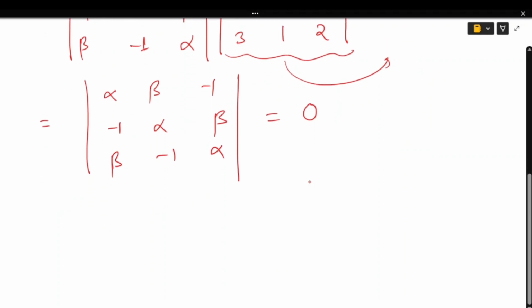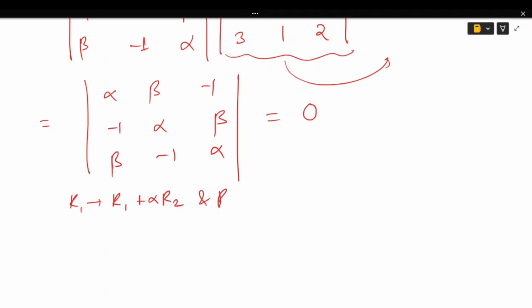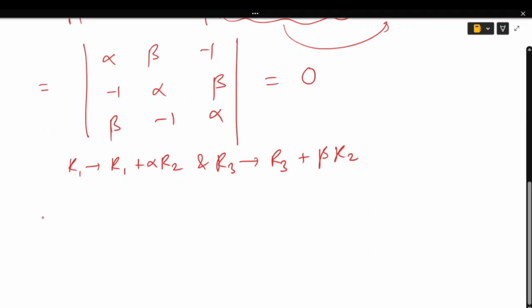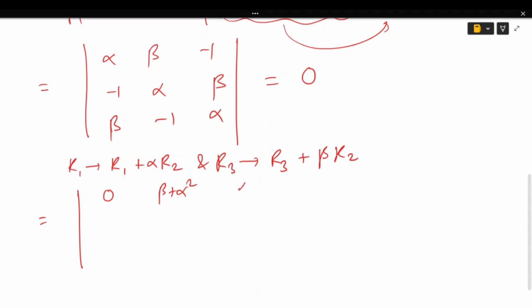Now using the determinant property, if we use R1 tends to R1 plus alpha times R2 and R3 tends to R3 plus beta times R2, what do we obtain? First we obtain 0 over here, then beta plus alpha square, then alpha beta -1.